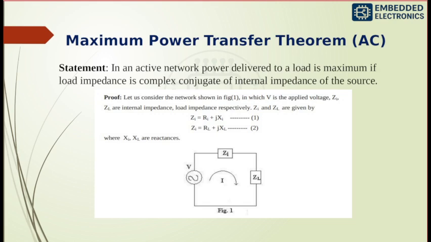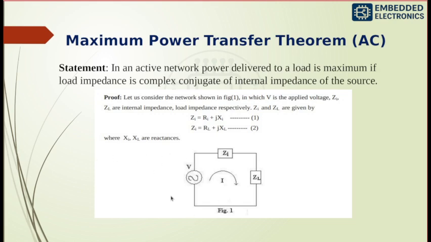It can be written as Ri plus JXi, and ZL means RL plus JXL. So power delivered to the load is maximum when the load impedance ZL is the complex conjugate of the internal impedance Zi of the source.